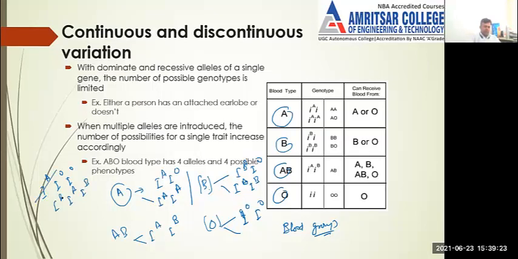This is 1, this is 2, this is 3, and this is 4. Okay, so how many alleles are controlling the ABO blood type? ABO blood type is controlled by 4 alleles. Yes or no? Tell me. Is this clear?